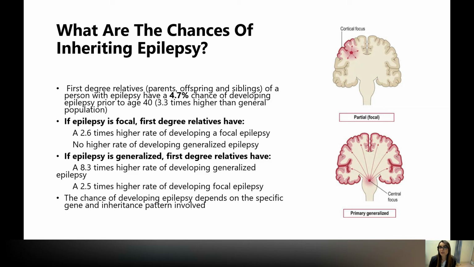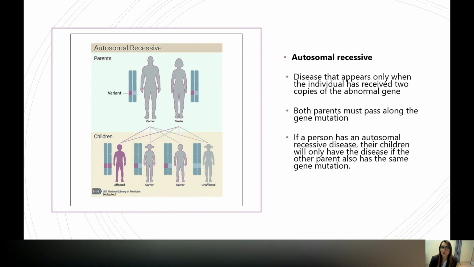However, if this epilepsy is what we call generalized, which is the other figure on the bottom, which means the whole brain is causing the seizures at the same time, then this risk is going to be higher. It can be 8.3 times higher than the general population. So it's all going to depend on the type of epilepsy and the type of gene that we're talking about.